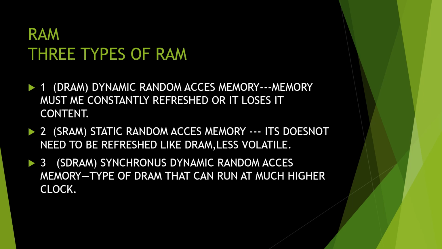It is a type of DRAM that can run at a much higher clock speed, and that is the difference between it and the other two. It is also volatile. So DRAM, SRAM, and SDRAM. You have to know about these three types of RAM in the computer.